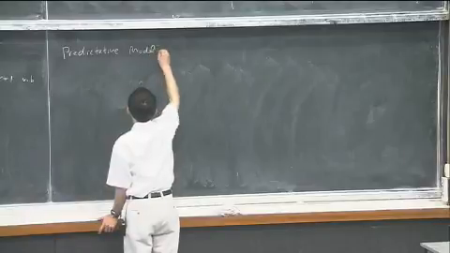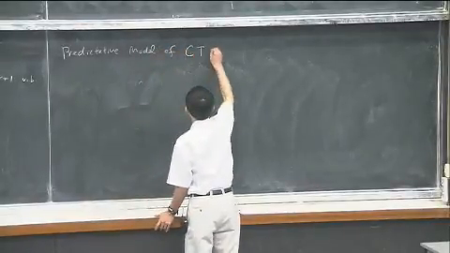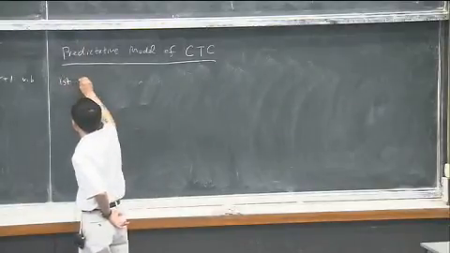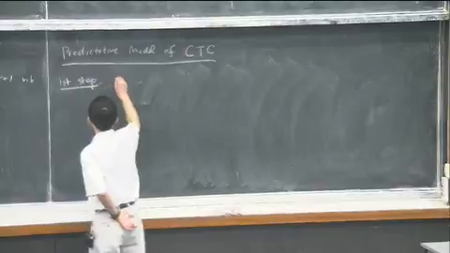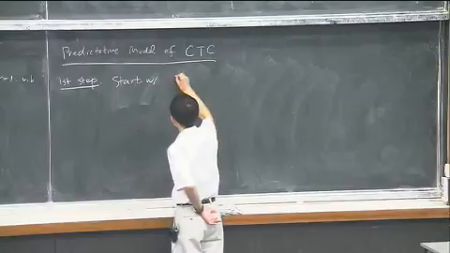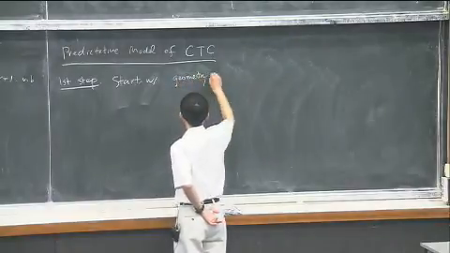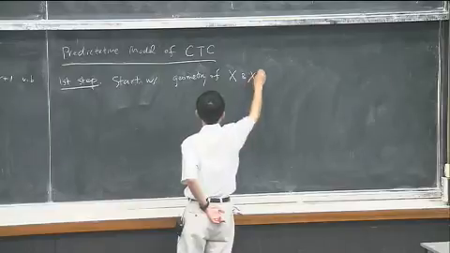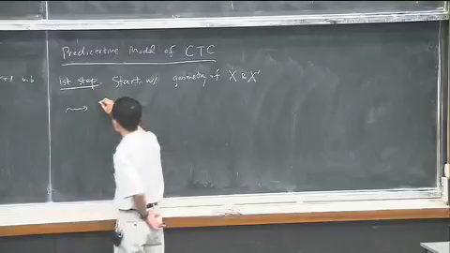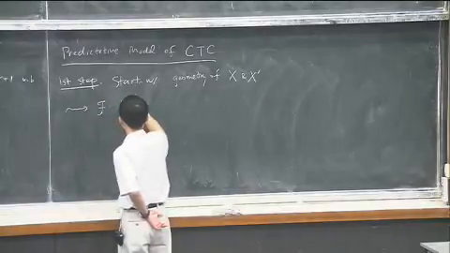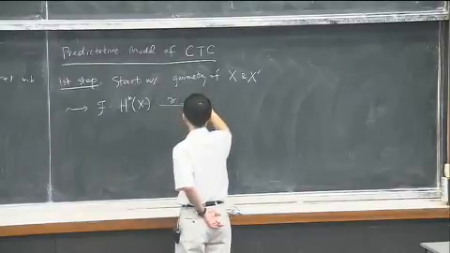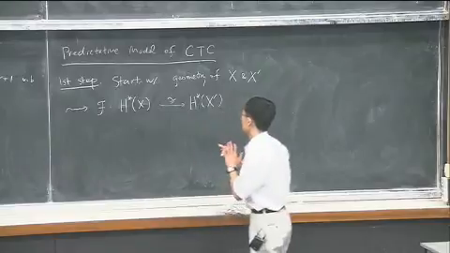This is the model of this crepant transformation conjecture, which means I want to start with the first step: the geometry of X and X prime.